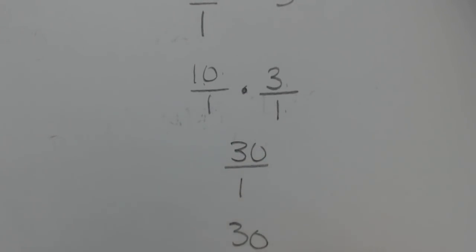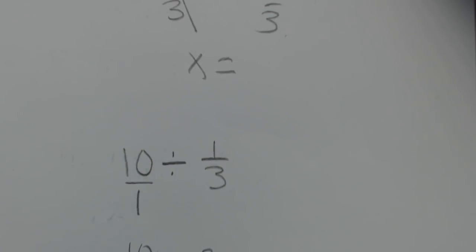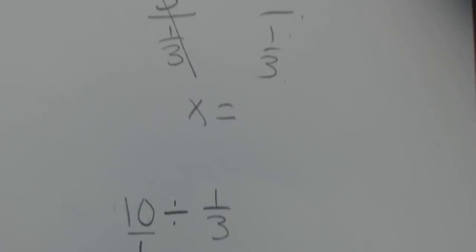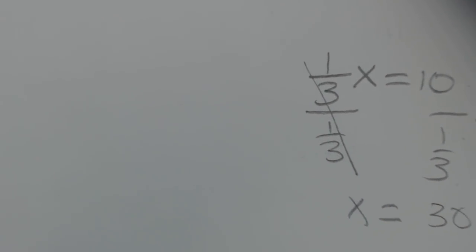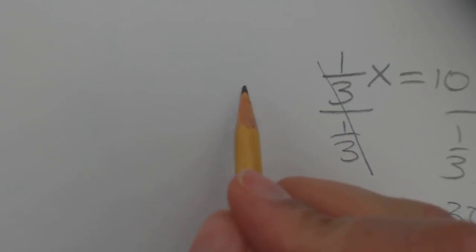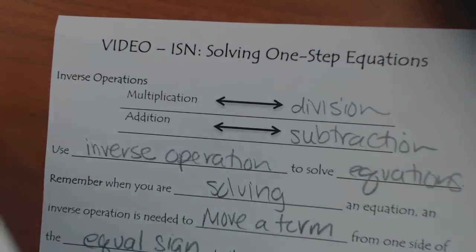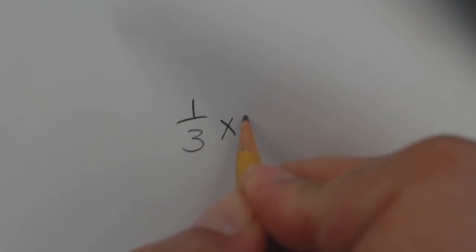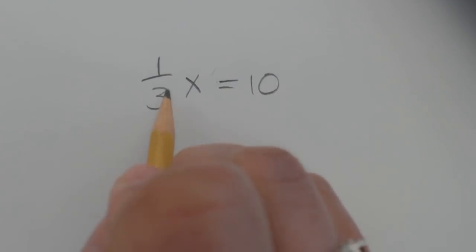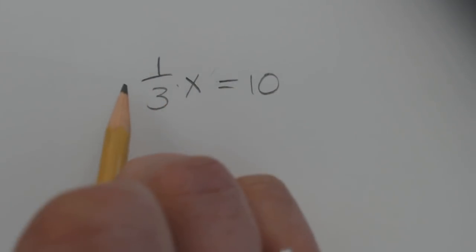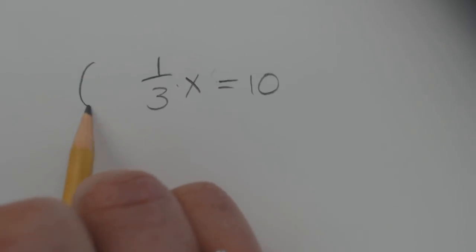Now there was an easier way to do this rather than going through all of that. We know our answer is going to come out to be 30. So instead, what we can do is this. We have 1/3 x equals 10. We know that this is linked by multiplication, and we have to divide.